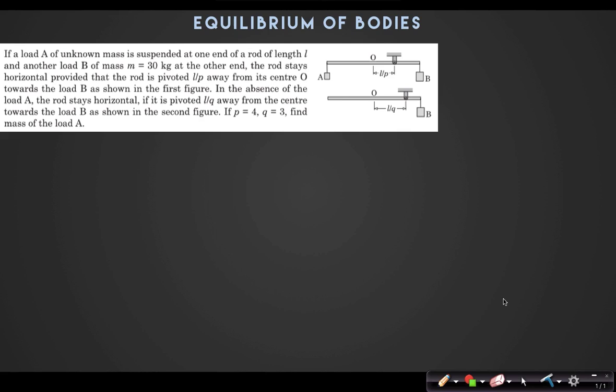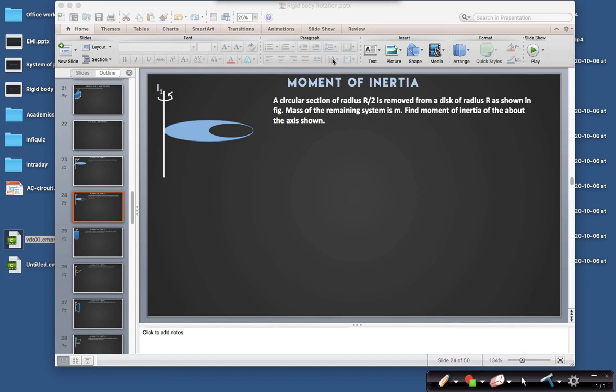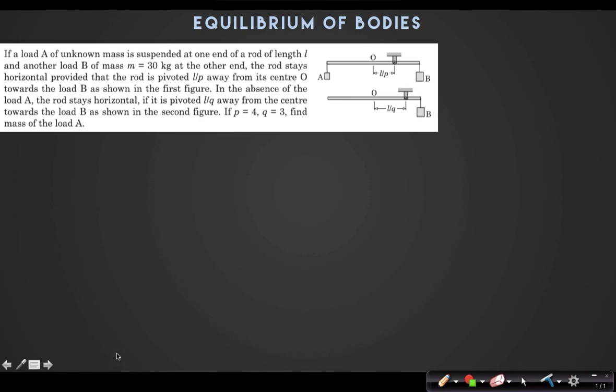Now we will try to solve a few questions. First, we will try to solve equilibrium of bodies. Let me give you a brief. Equilibrium of bodies means you will need two types of equilibrium, so you can get two equations.